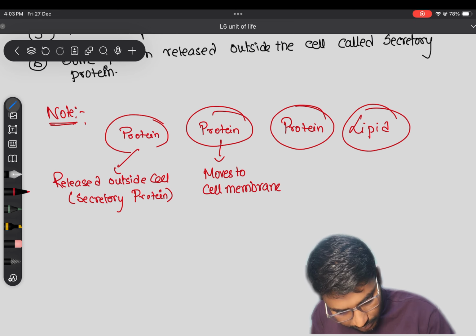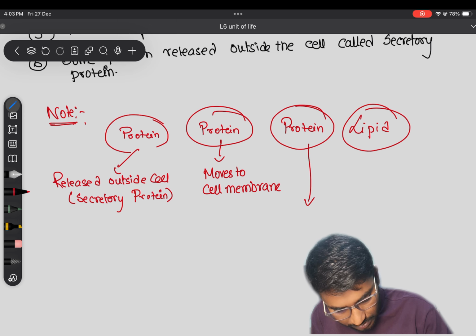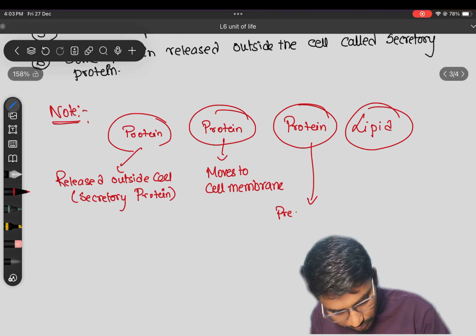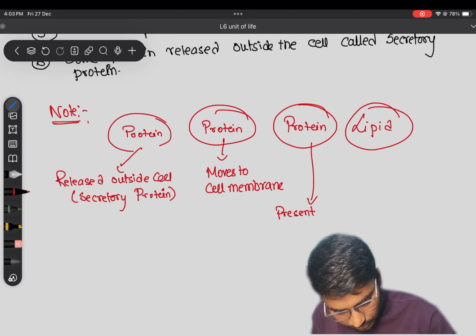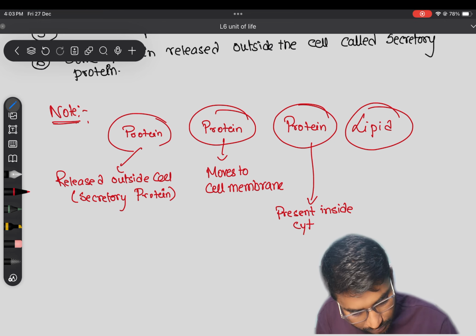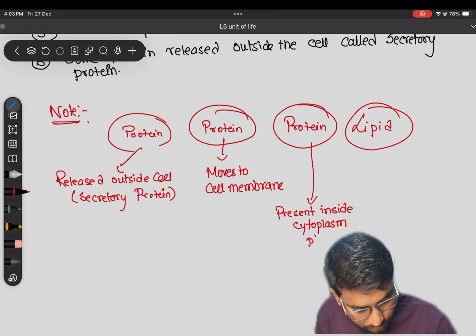Moves to cell membrane, present inside cytoplasm.